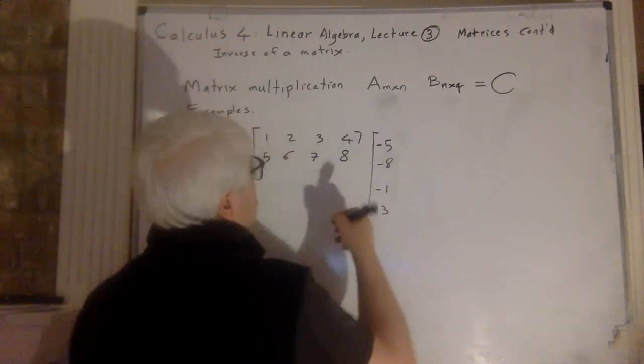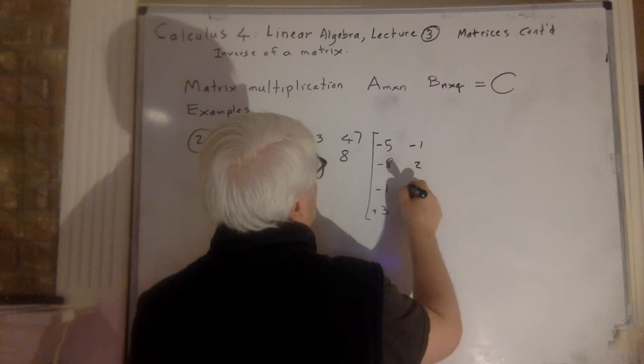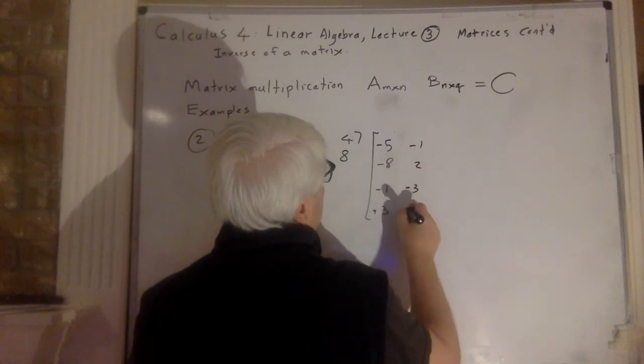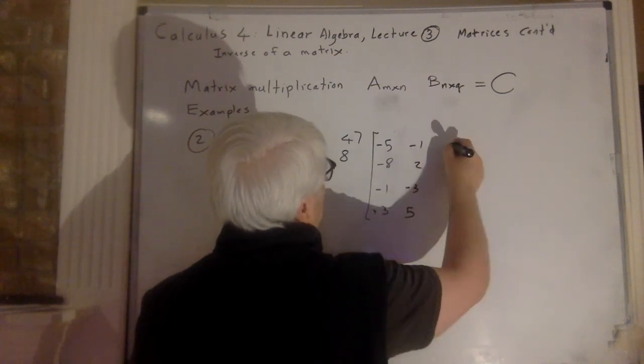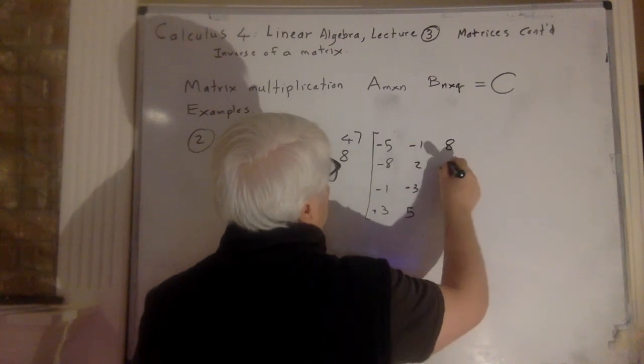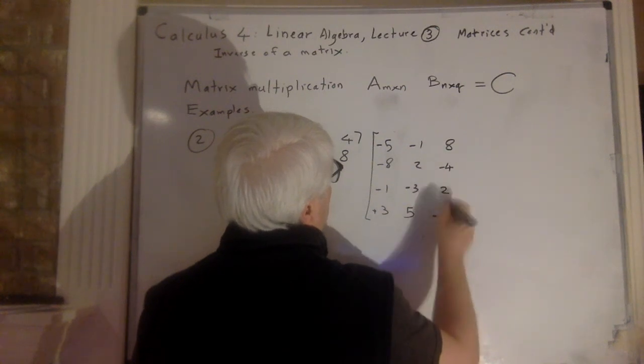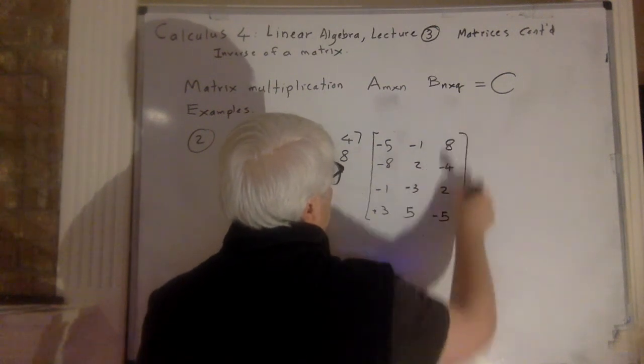And for this one, let's just write simple numbers: minus 1, 2, negative 3, 5, and then 8, minus 4, 2, negative 5.